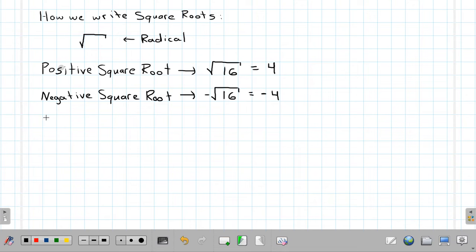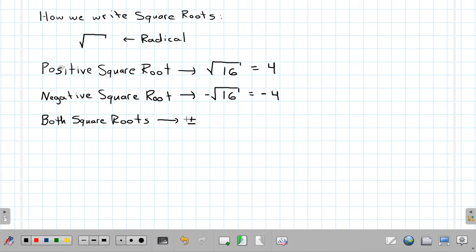But then, and this will actually come up later on in class when we talk about the Pythagorean theorem, sometimes you need both square roots at the same time. We have a special way of signifying that, and that is with this little symbol here that we call the plus minus, or the plus or minus symbol.